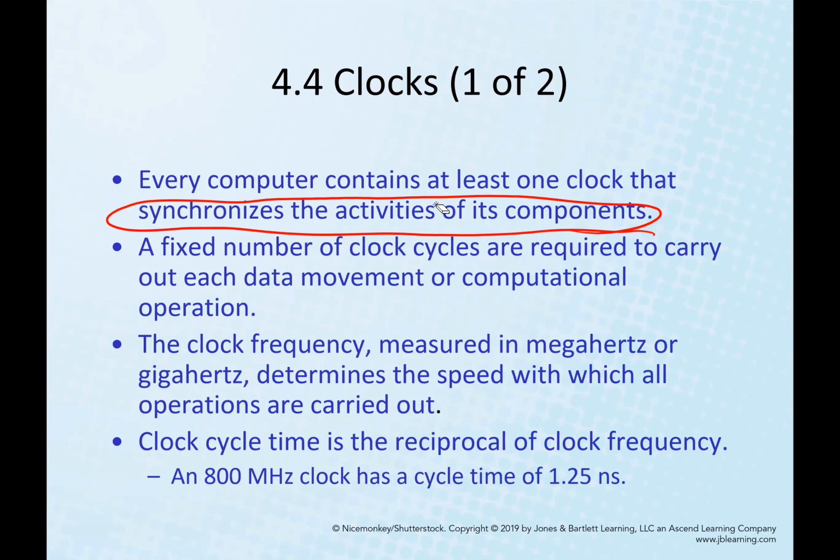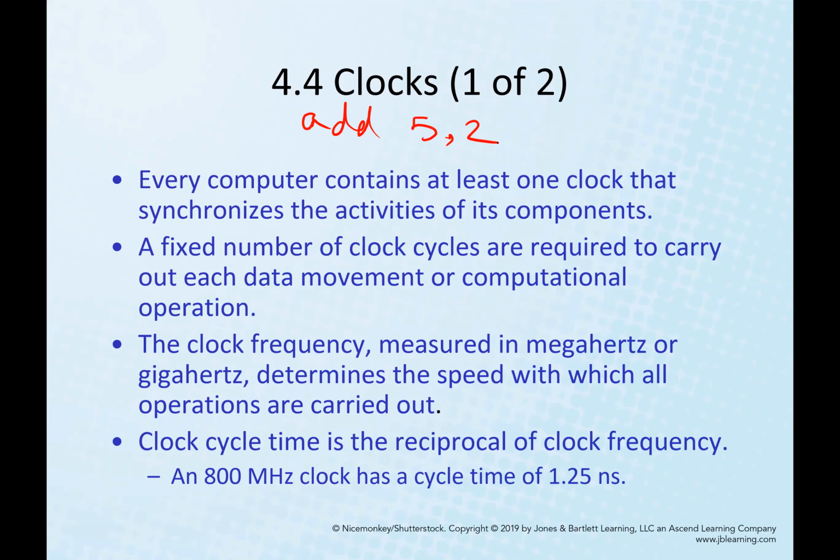Okay, so by the way, if you remember, I said add 5 and 2. It can't be done in one clock cycle. It needs a certain number of clocks. In one clock, for example, data will be fetched from the memory. In the second clock, data will be stored in the register.